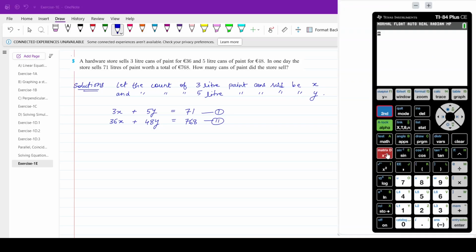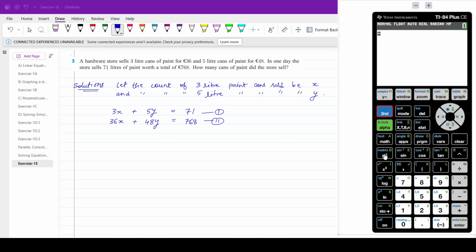If we solve these two equations, I'll go to matrix, go to edit, 2 cross 3 is correct. Now 3, 5, 71, 36, 48, 768.